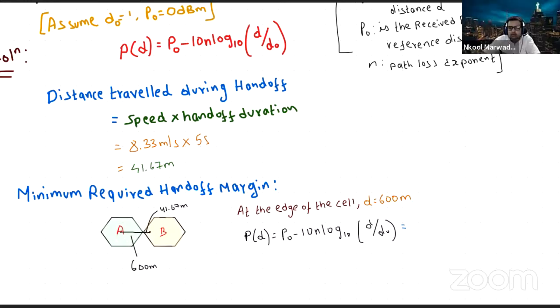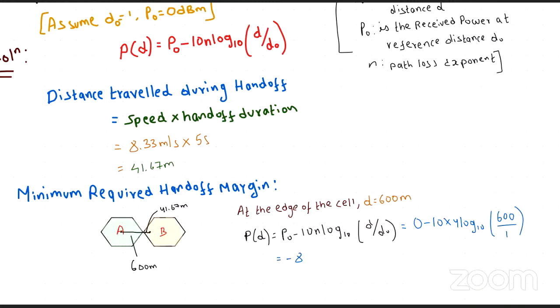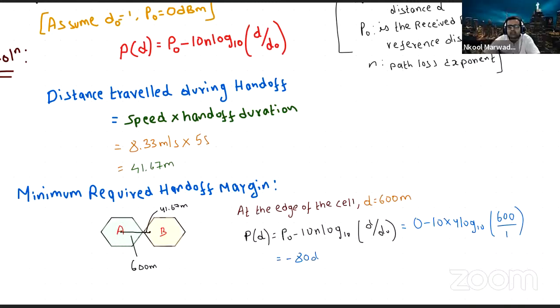What is n? 4. Log base 10, d is 600. And what is d naught? 1. It's given. When I solve it, I will get minus 80 dBm. Is it clear? Yes. This is the strength of the signal, the power of the signal from the tower A, or from the base station A.